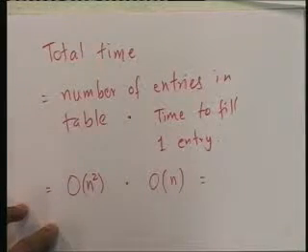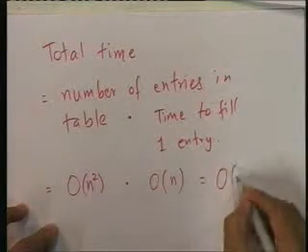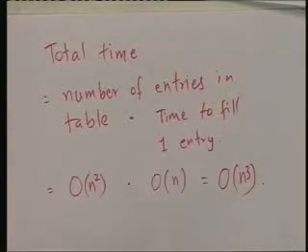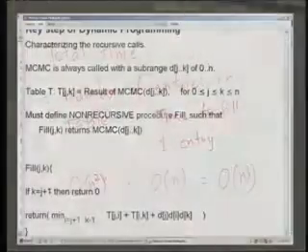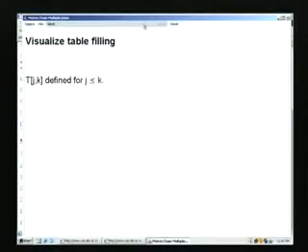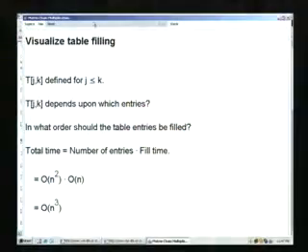So, the whole thing is going to be O of n cube. Okay. So, that really finishes the entire algorithm. So, the total time is n squared times n, which is equal to O of n cube.